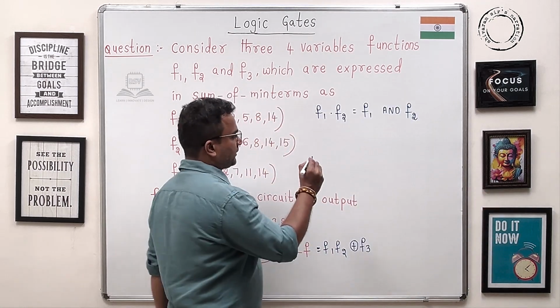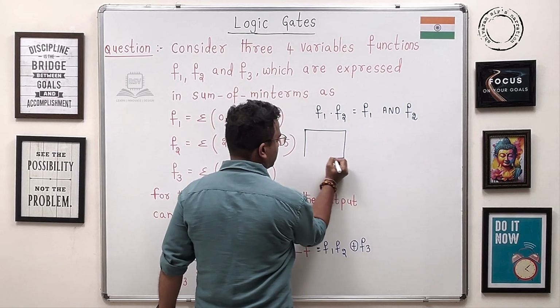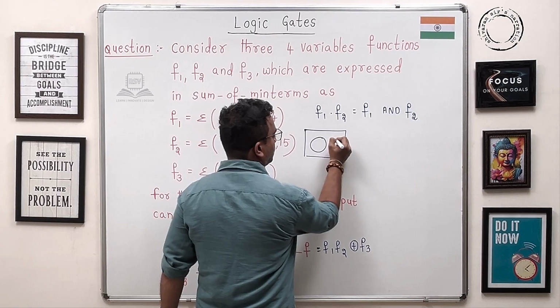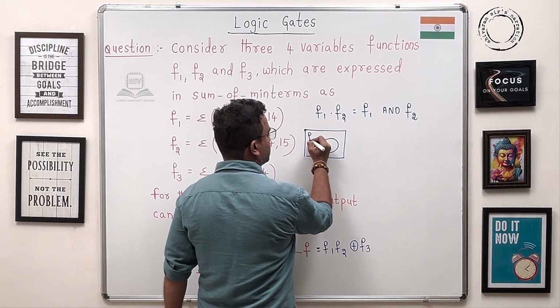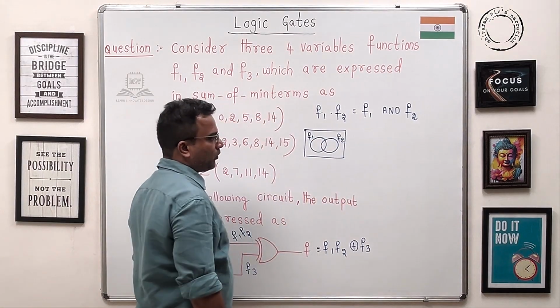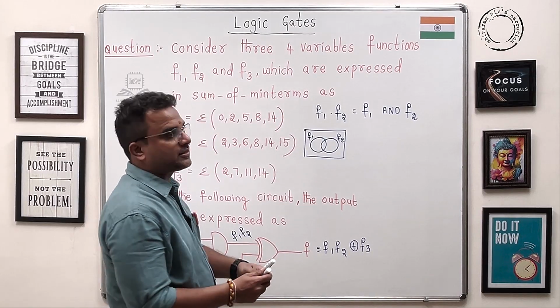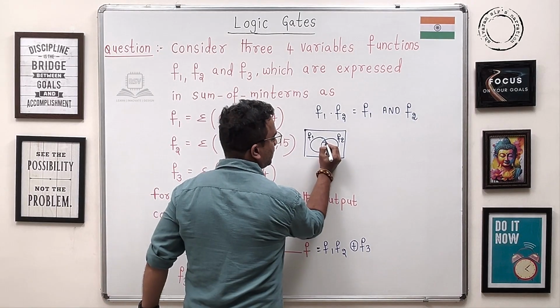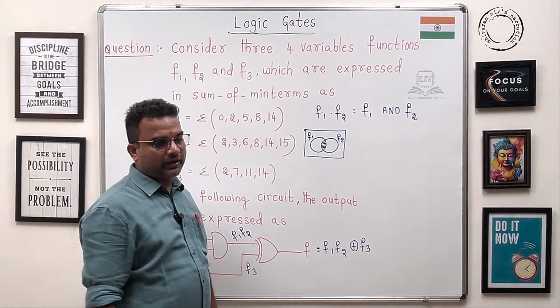Now, if you take the Venn diagrams concept, then obviously, guys, if there are two variables, let's assume this is F1, this is F2, and you want to know F1 and F2, what portion we need to consider? This one, the common portion only.